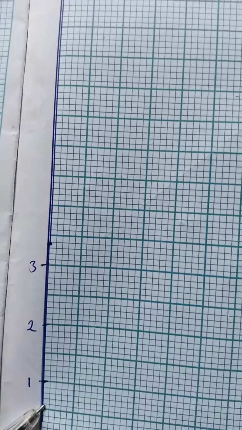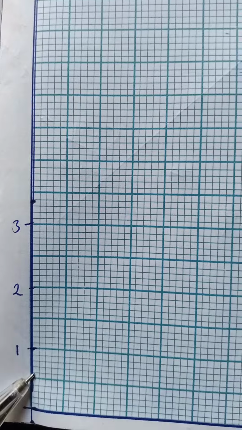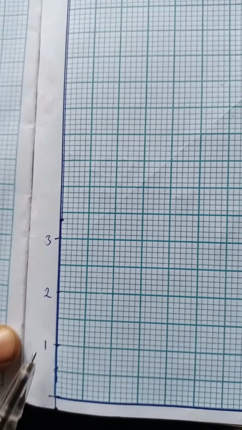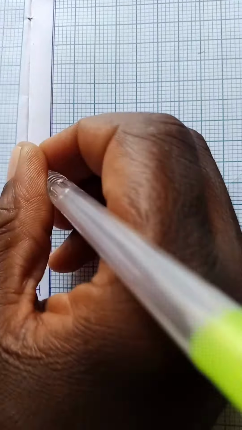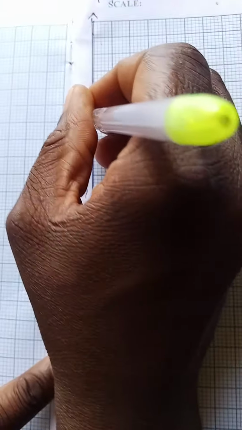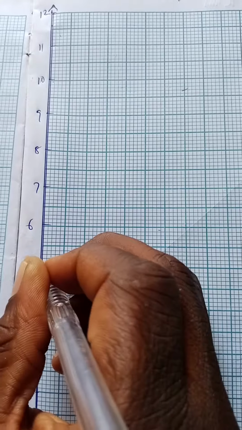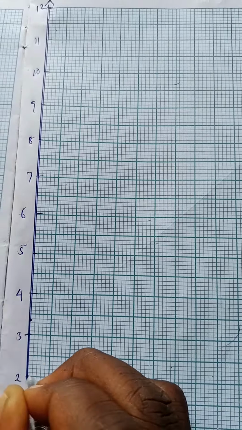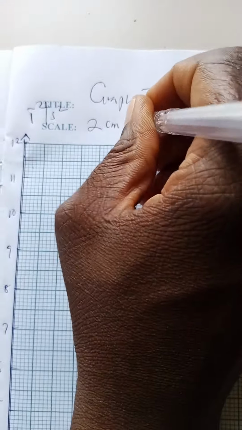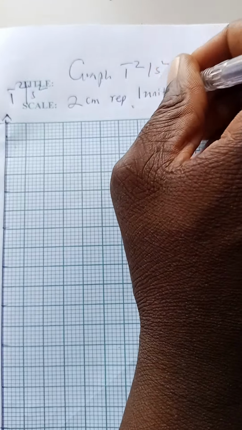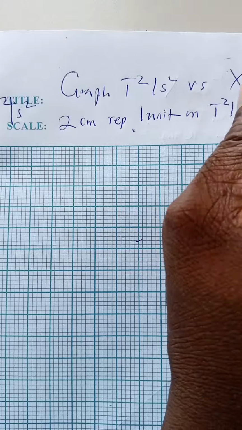Since 11 is the highest, we can take 2 boxes to 1 centimeter, which is taken here as 1, 2, 3, 4, 5, 6, 7, 8, 9, 10, 11. We have even exceeded up to 12 centimeters here. So now, this scale shows that 2 centimeters represent 1 unit on our t squared axis.